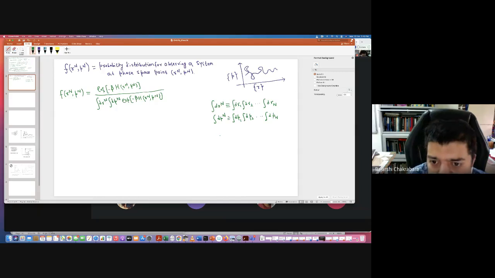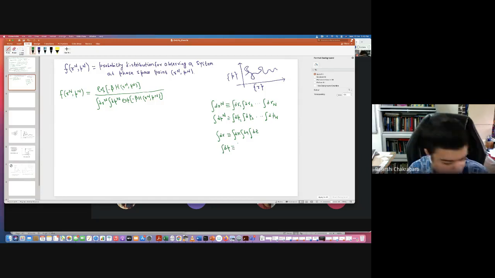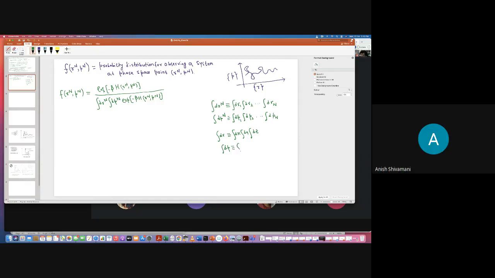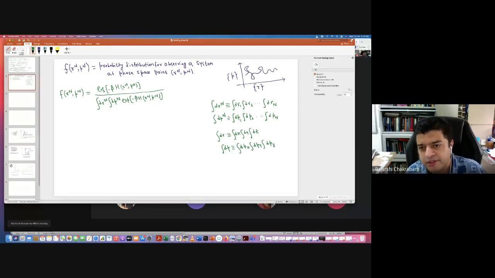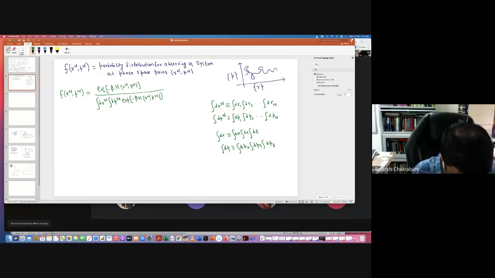But don't forget that any dr is actually dx, dy, dz. Similarly, any dp is actually dpx, dpy, dpz. So that's why it is a 3n plus 3n, 6n dimensional integral. Clear? Not a very difficult thing.